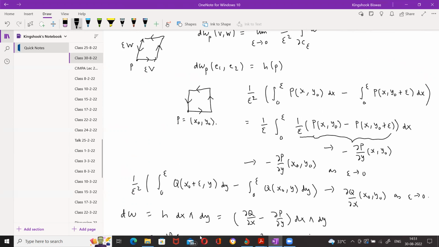So you'll get a difference of 2 integrals here, and these will give you derivatives of the coefficients, like we got here. When I take a difference like this, and I'm dividing by epsilon to the k plus 1, 1 epsilon will go inside here and give you a derivative. Does it make sense? So the derivatives are coming from the pairs of opposite sides.